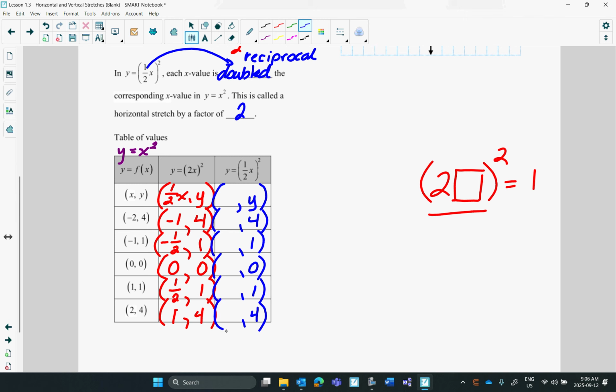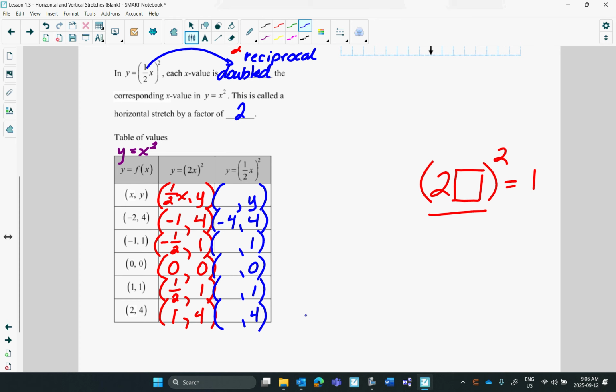Well, what negative number, when I multiply it by 1/2 and then square it, will give me 4? -4, right? No, wait a minute. All right. Yeah, -4, because 1/2 times -4 is -2, and -2 all squared is 4, which is what I'm looking for.